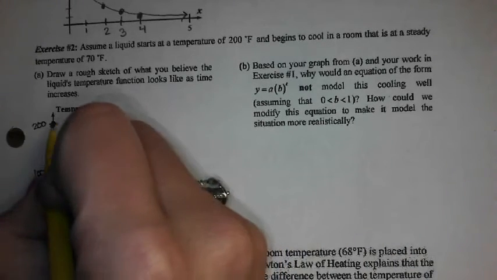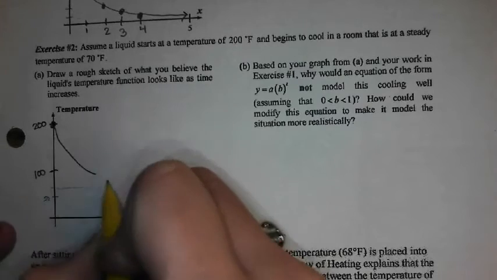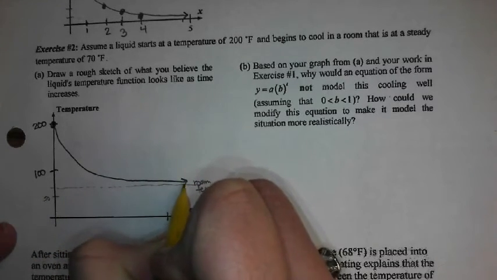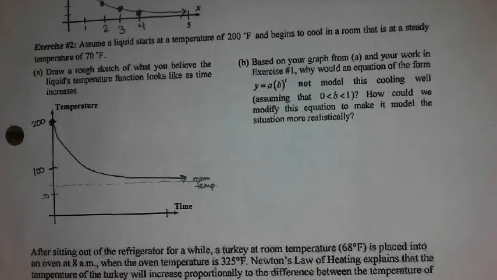So it cools quickly at first, and then the rate at which it cools kind of lessens as we move on in time until that cup of hot chocolate's temperature really becomes one and the same with the room temperature. So this is like an exponential decay graph as well, but how did it get shifted? Up how many units? 70.